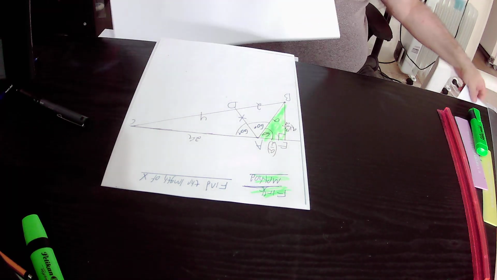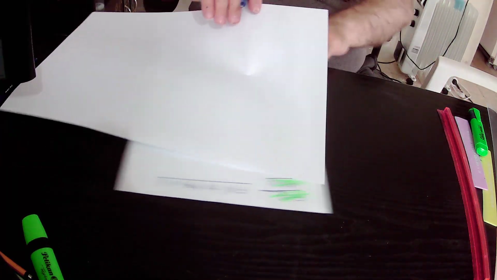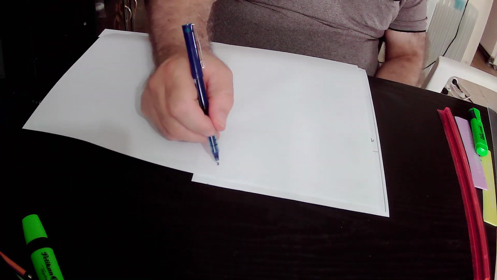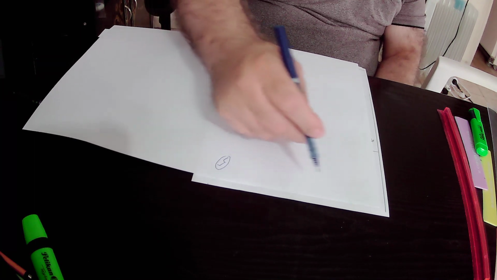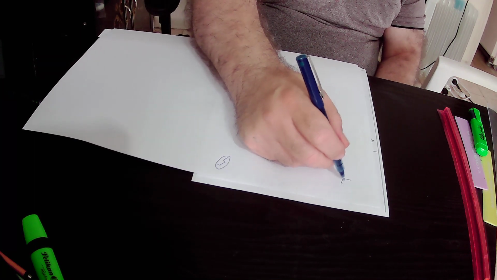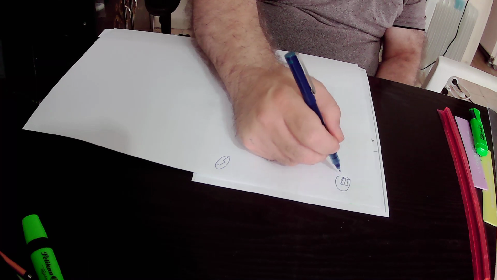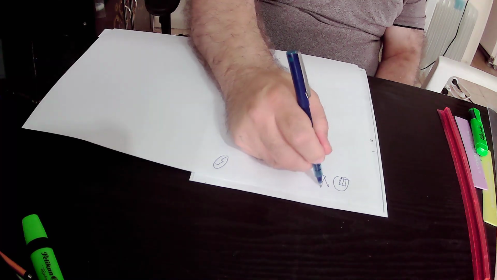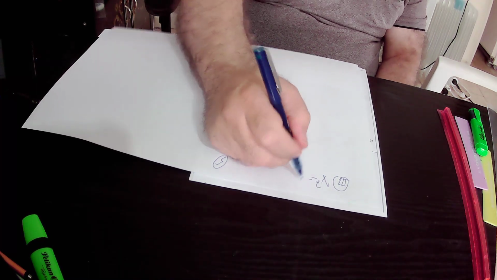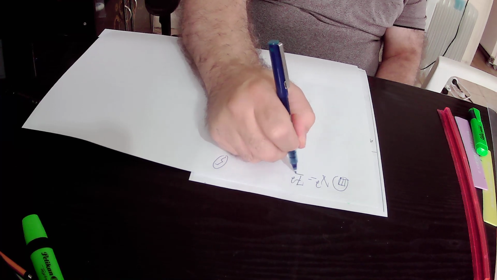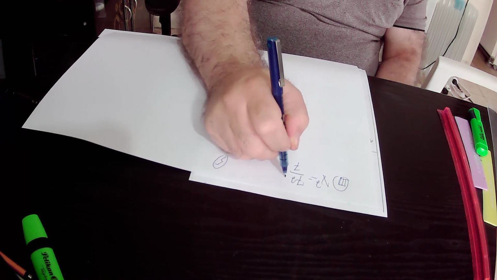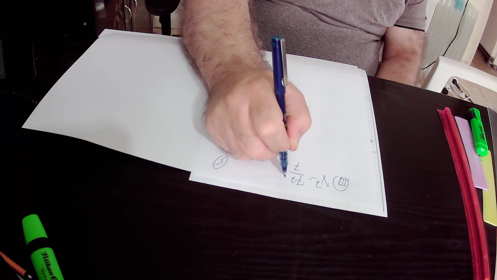So I write it down: according to equation number 3, x squared equals 72 over 7 minus 8.